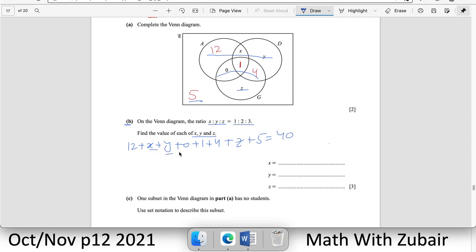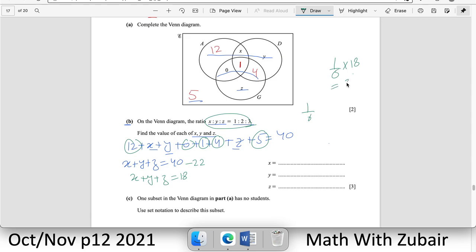So x plus y plus z is equal to 40, and we have these numbers. 12 and 0 is 12, plus 1 is 13, plus 4 is 17, plus 5 is 22. So minus 22, x plus y plus z is equal to 18. Using this, I know that x is 1 out of 6. So 1 out of 6 of 18 is 3. So if x is 3, y is double of that, and z is 3 times of that. So this is 3, 6 and 9 each.